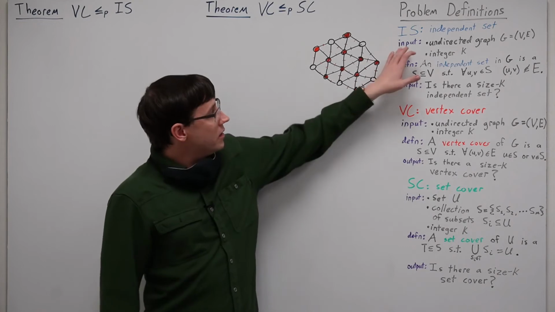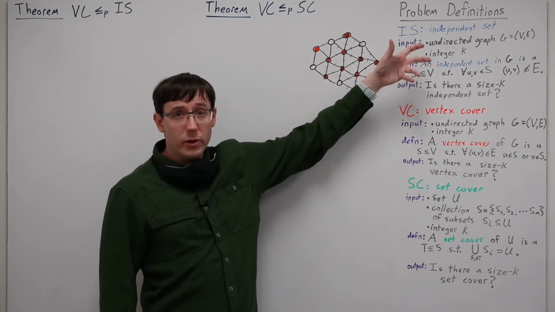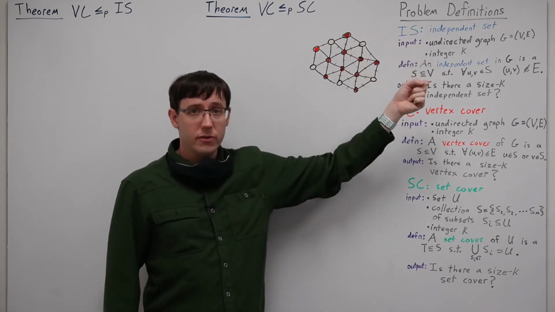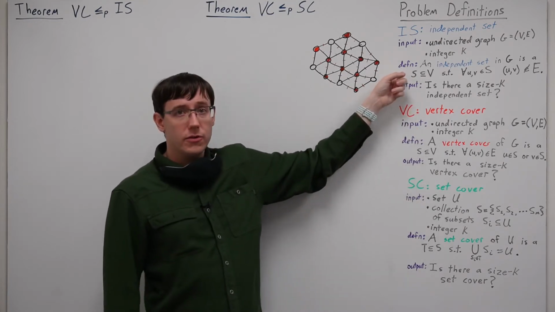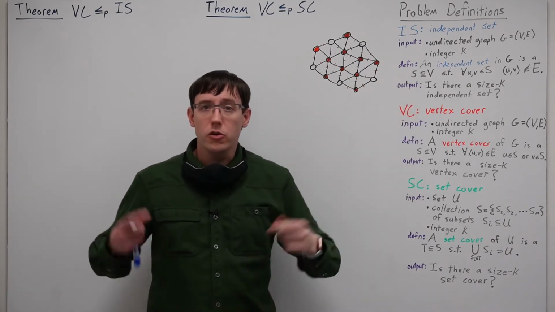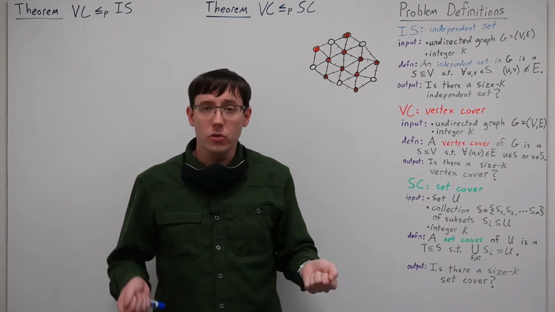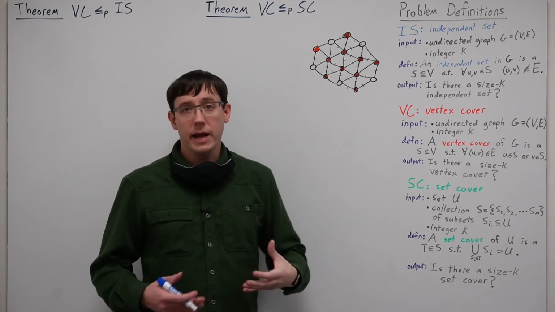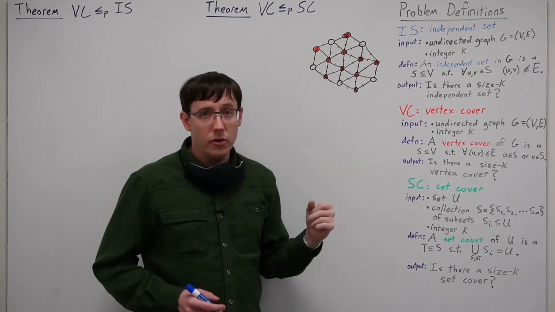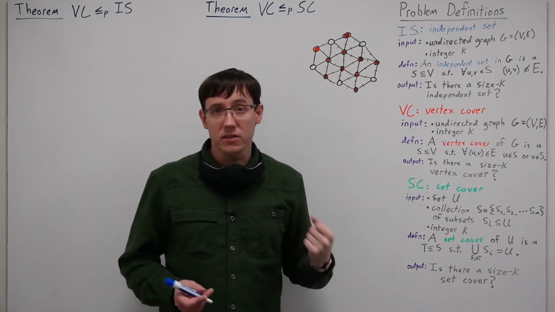In the independent set problem, we are also given an undirected graph, but here our goal is to choose a subset of the vertices such that no two vertices we choose are connected by an edge. In our example graph, the following vertices are an independent set.